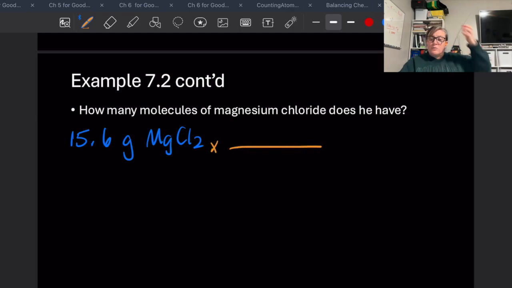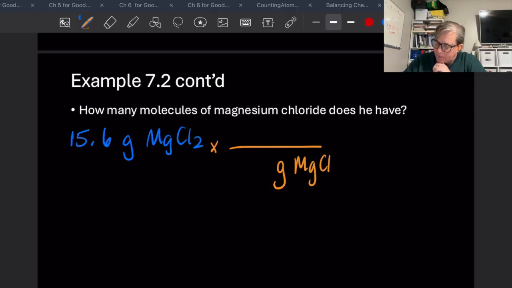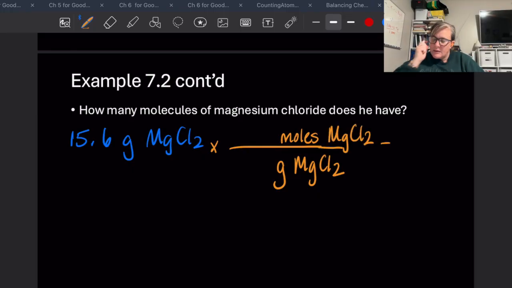So we want to get rid of the grams of magnesium chloride, and so we have grams of magnesium chloride on the bottom. And then on the top, we're going to put the unit that we want, which in this case is moles of magnesium chloride.